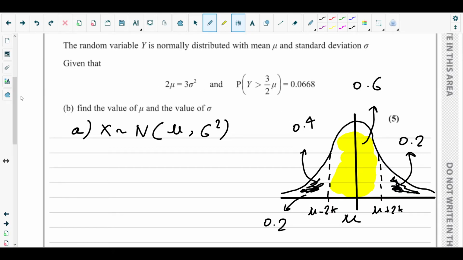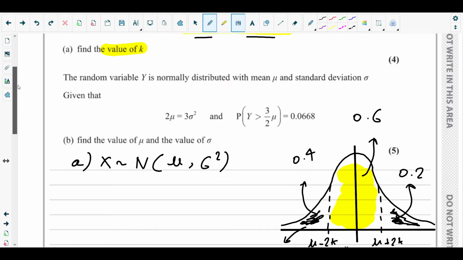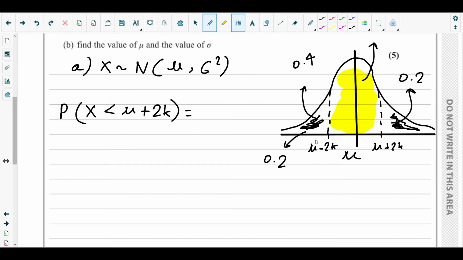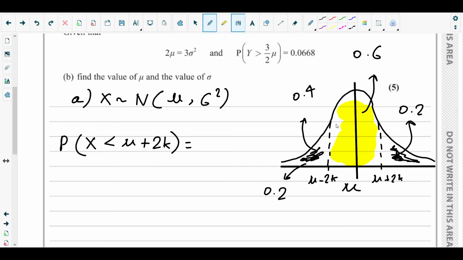So we can write that the probability of X less than mu plus 2k: this is mu plus 2k, so this total area is 0.6 plus this area 0.2, so the total area is 0.8. Make sense?